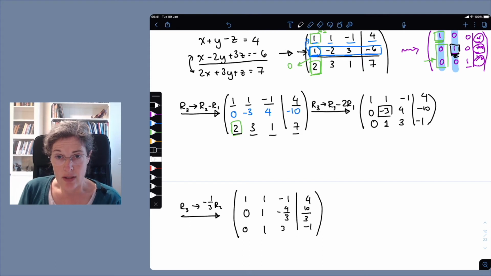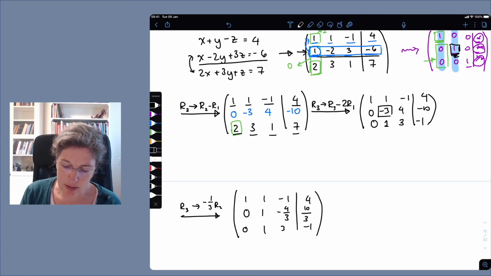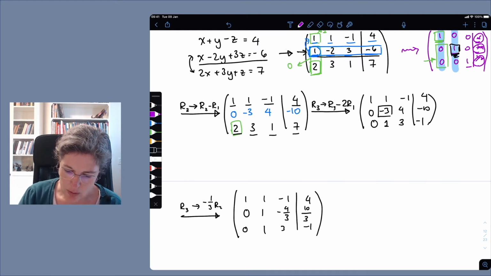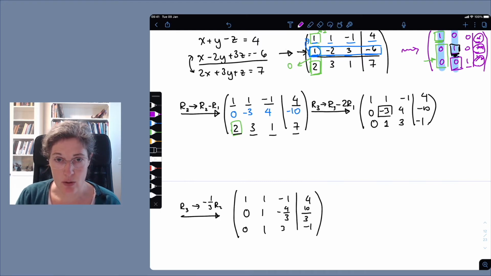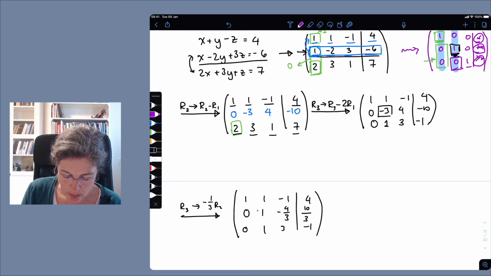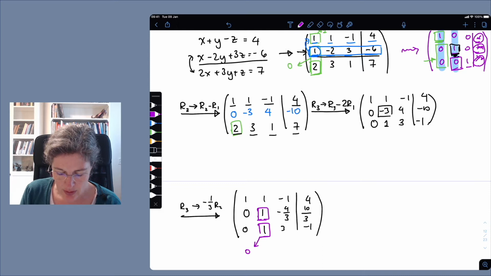All right, and now following the same principle, we're going to want a 0 below the 1 that we just achieved. So I want to turn this one into a 0, and conveniently I've just created a situation where I can say row 3 minus row 2 will give me the 0 where I want it.